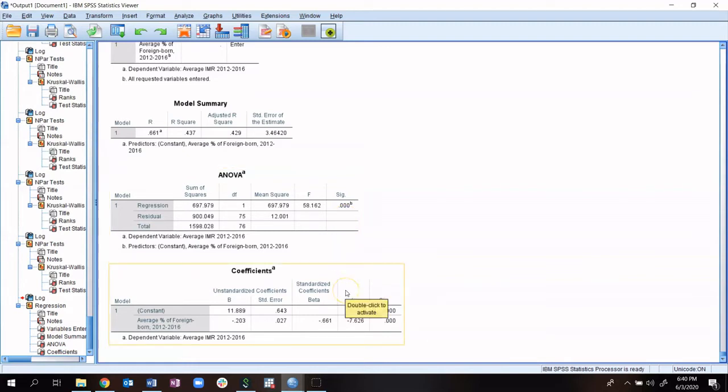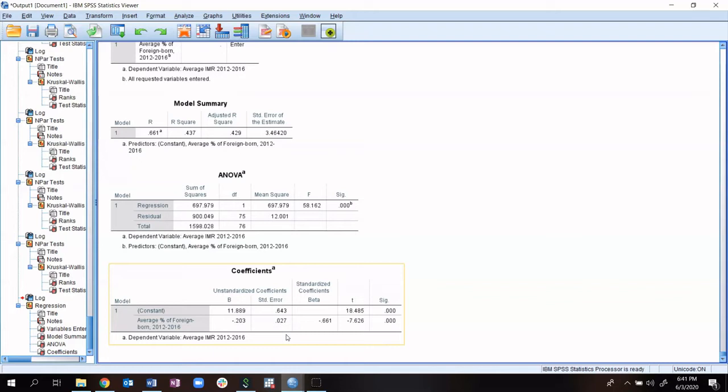And then the last table we see is our coefficients table. And this gives us 2 rows of data. One is the constant and one is the data for our variable. Now the constant is a little bit of a goofy concept, but essentially it is the amount of our dependent variable for all of our community areas if average percent of foreign-born was 0%.